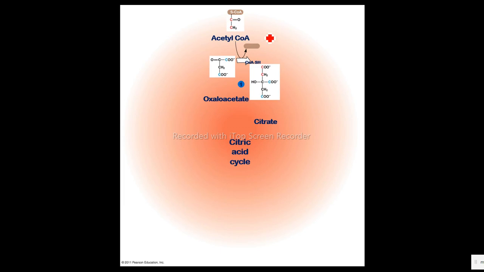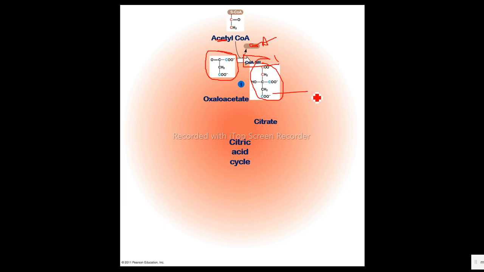So this is our OAA, oxaloacetic acid. It will gain the acetyl group from acetyl-CoA, as you can see. You have your coenzyme A here, and you add this acetyl group and you form your citric acid.